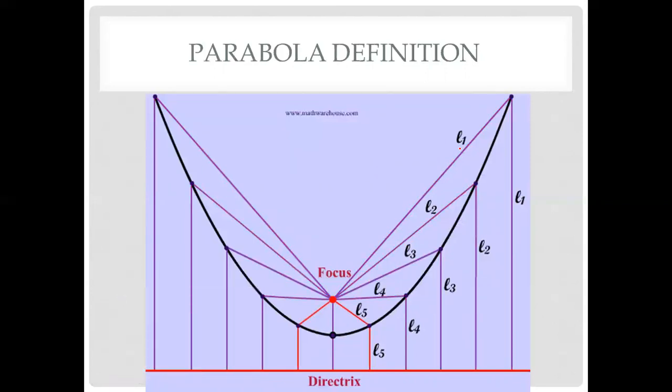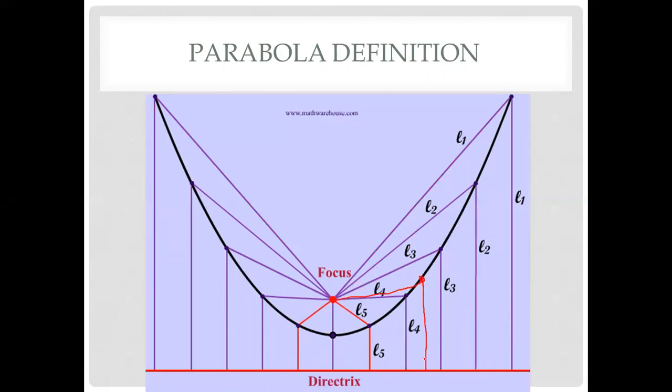As you remember, the definition says that the parabola is made of all the points that are equidistant from the focus and the directrix, that have the same distance to the focus and to the directrix. Here is one example. I'm going to choose this point of the parabola. If you see, the distance I'm making right now has to be equal to that one.